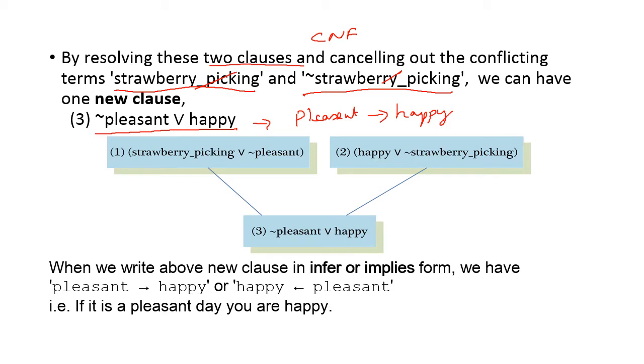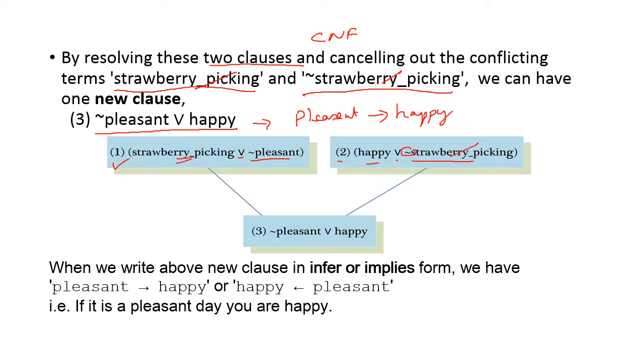Pleasant implies happy. So in this diagram our first clause is strawberry picking union not pleasant, and the second clause is happy union not strawberry picking. Strawberry picking and not strawberry picking are two conflicting terms.